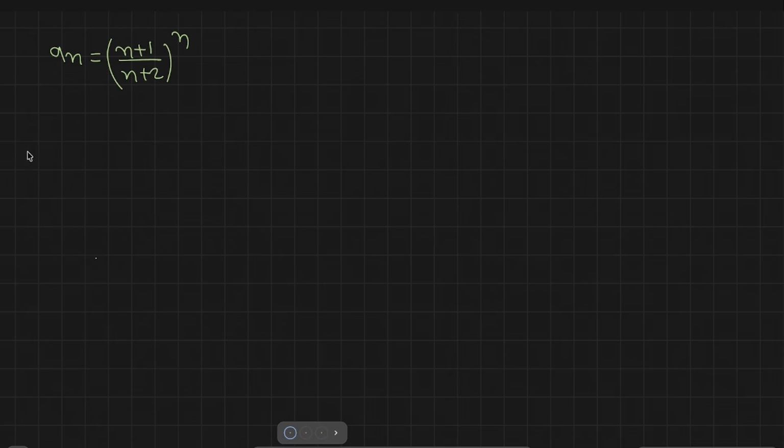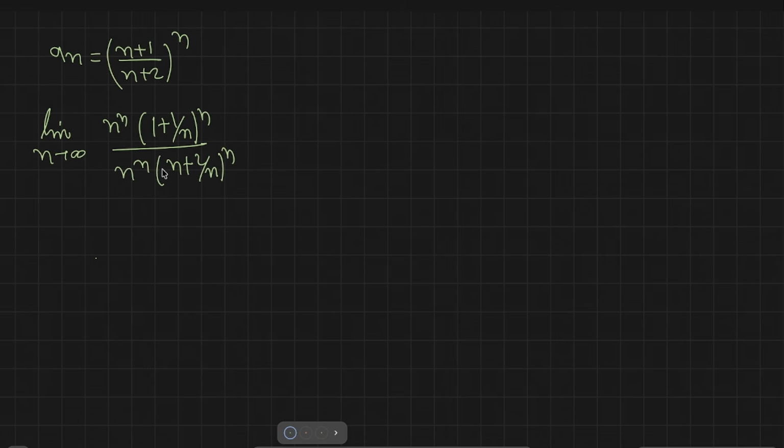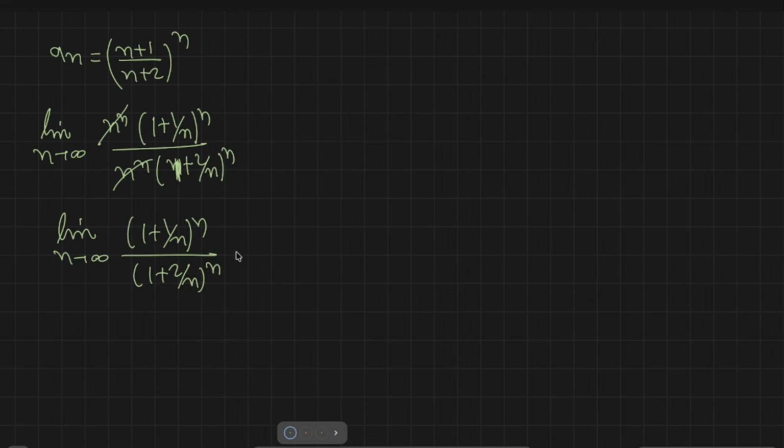Limit n tending to infinity, this is n power n, (1 plus 1 by n) power n, over n power n plus 1 by n power n. The n power n will get cancelled. So from here, limit n tending to infinity of (1 plus 1 by n) power n, this is e, and the denominator is e square, so the result is 1 by e.